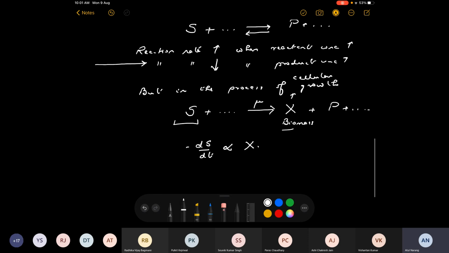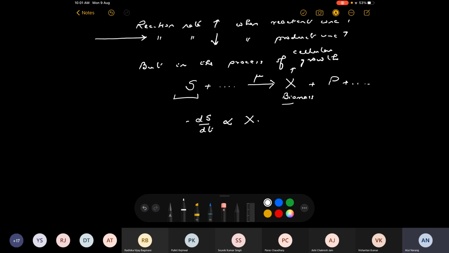In fact, and I think this is briefly touched upon in chemical reaction engineering, what we have in biological systems, at least in the processes that involve cellular growth, are what are called autocatalytic reaction kinetics. So they are not mass action.